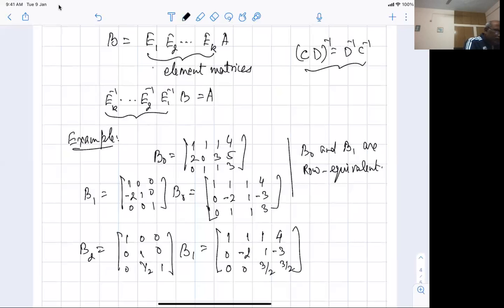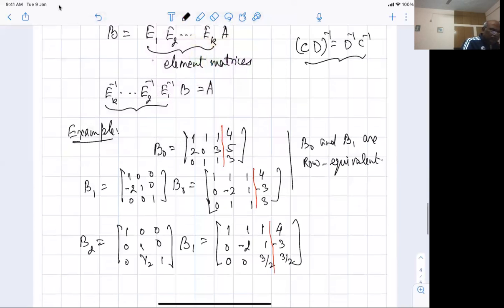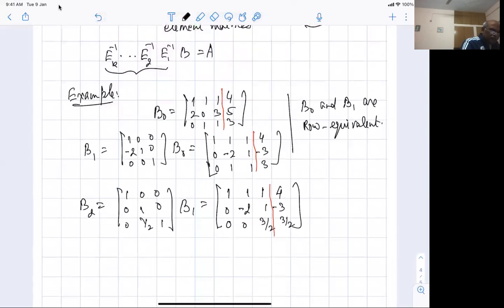Just multiply it out. We had a line here because it was an augmented matrix, but here I'm not looking at that. So this implies that B2, B1 and B0 are row equivalent.